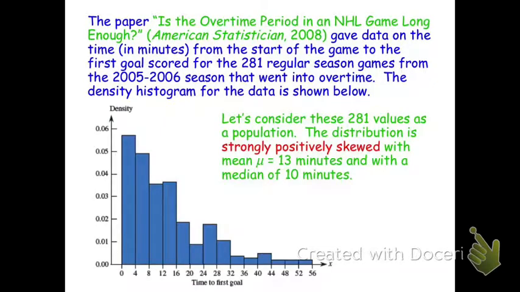But if your population is skewed, so for instance, this is a heavily, positively skewed population distribution, very right skewed. The prompt here is: is the overtime period in an NHL game long enough?